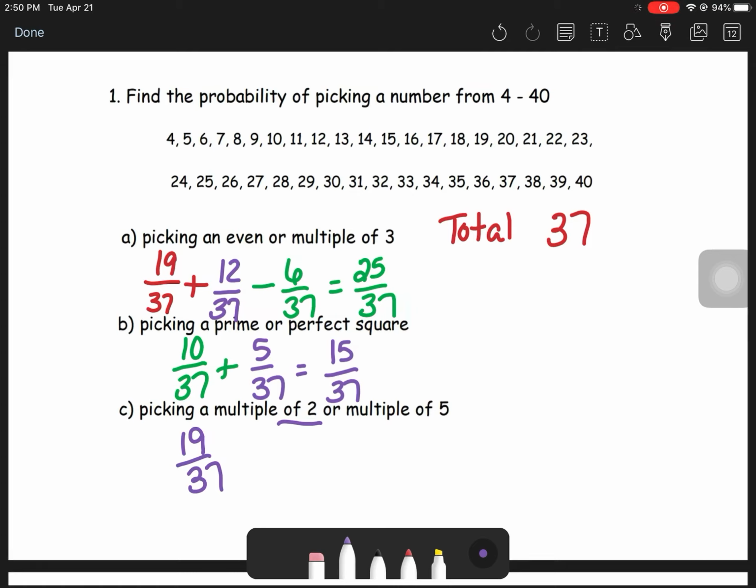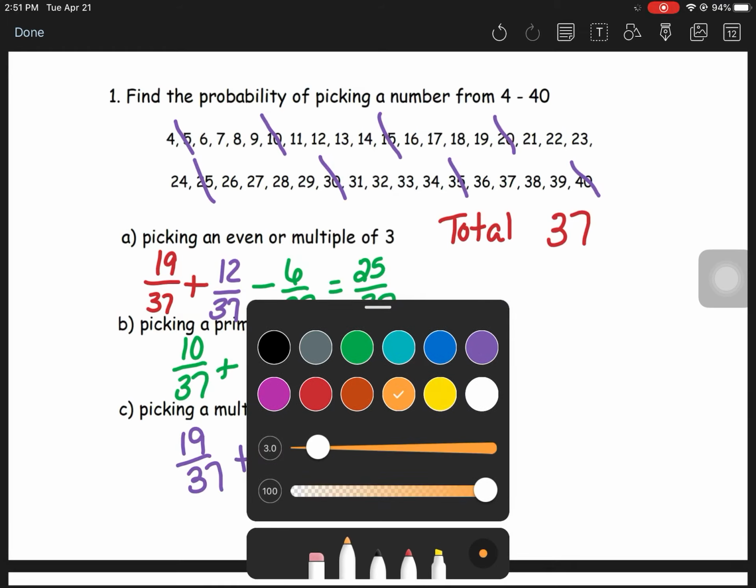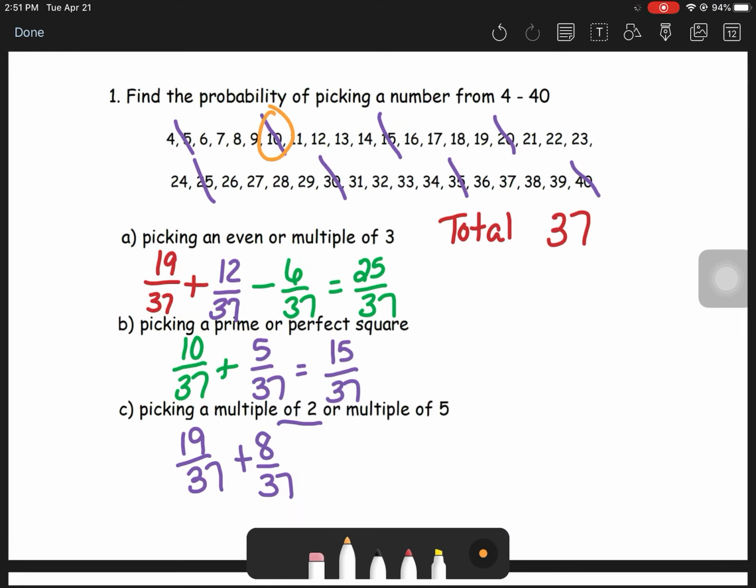So when we're picking multiples of 5, we have 5, 10, 15, 20, 25, 30, 35, and 40. 1, 2, 3, 4, 5, 6, 7, 8. 8 of them. But we have to also know that there are a couple of these numbers that were also even at the same time, which is 4 of them.